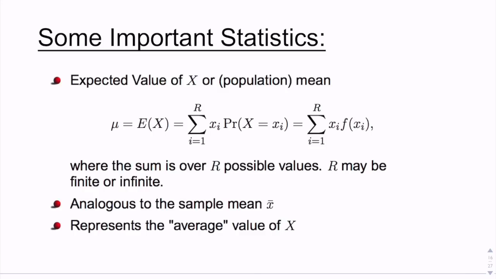computed from our sample is called expected value or population mean. So for now, when you wanted to compute an average of some numbers, what we do, we basically sum them up and then we divide by the number of samples.